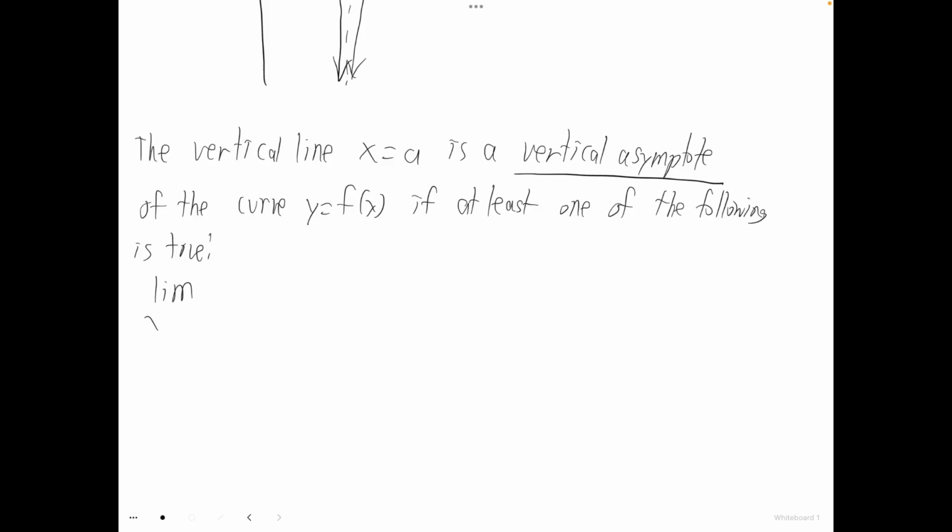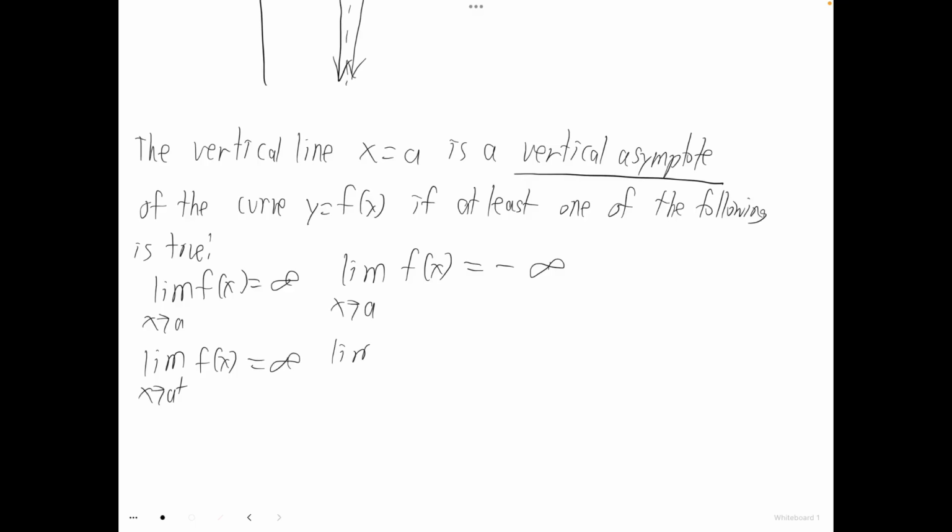So we could have the limit as x approaches a of f of x equals infinity. The limit as x approaches a of f of x could be negative infinity. The limit as x approaches a from the right of f of x could be infinity, or negative infinity.